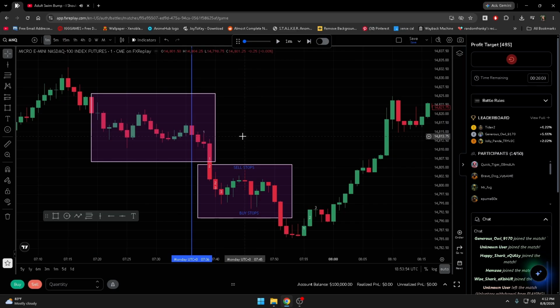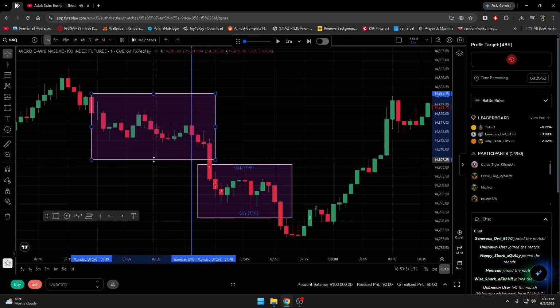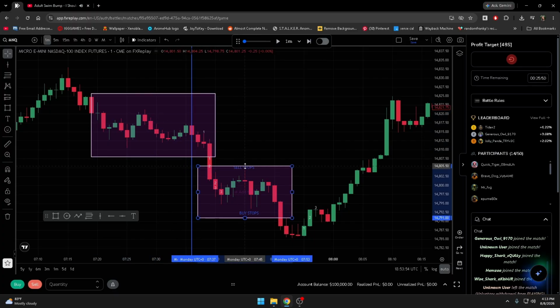So boom, right? You got this area right here to this area right here. The way it got to this is it made a fair value gap, from this zone right here to this zone, right?